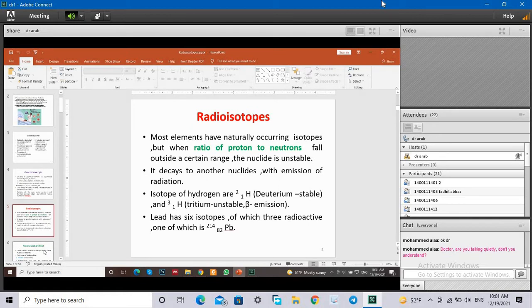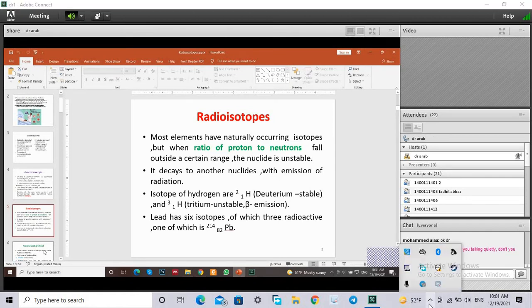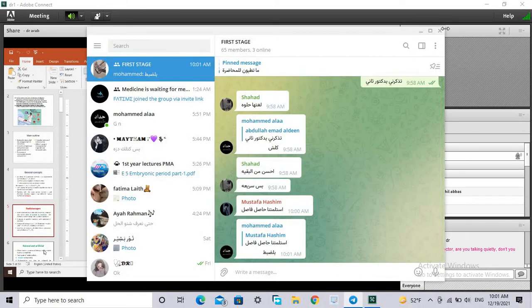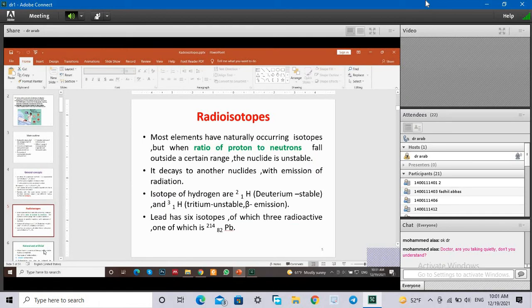Naturally, most elements have isotopes in the environment. However, when the ratio of protons to neutrons falls outside a certain range, for instance when the number of neutrons is much higher or much lower than the protons, the nucleus will be in an unstable state.